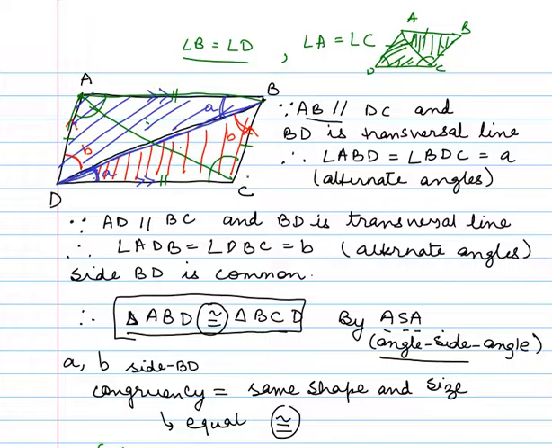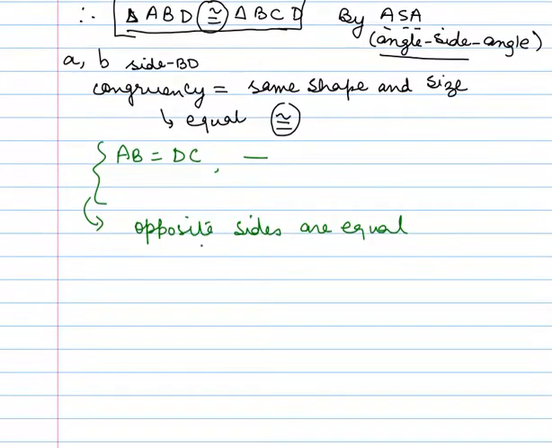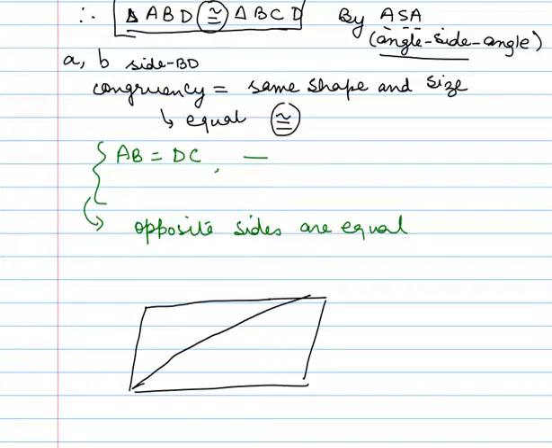Now the next property says that diagonals bisect each other. How diagonals bisect each other we will see. In the previous proof we have seen that this angle and this angle are equal.